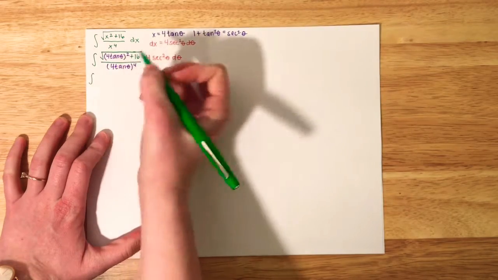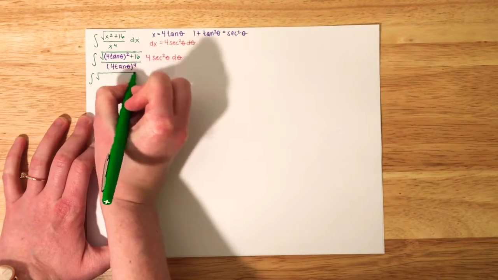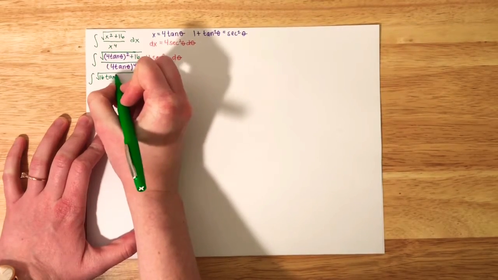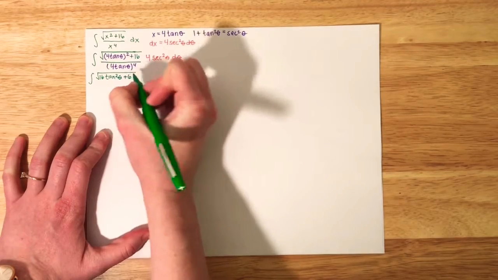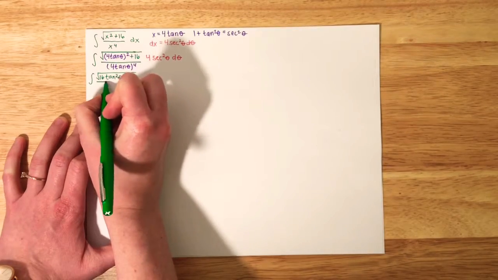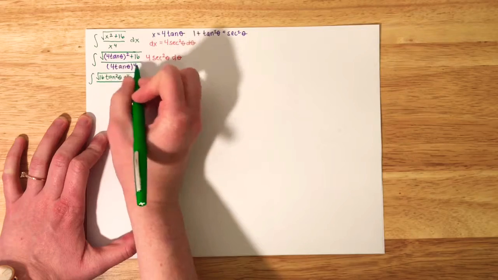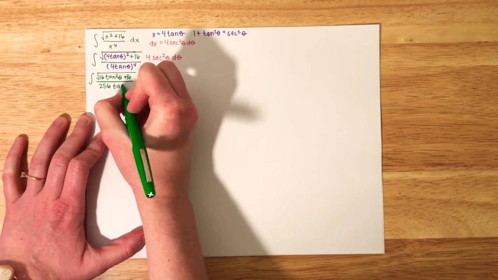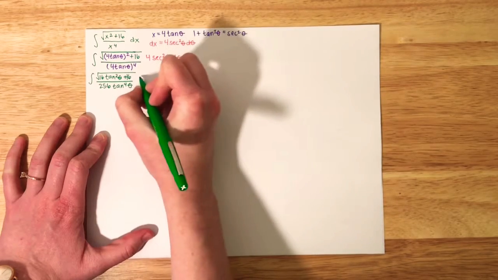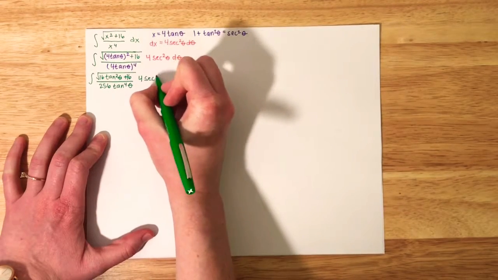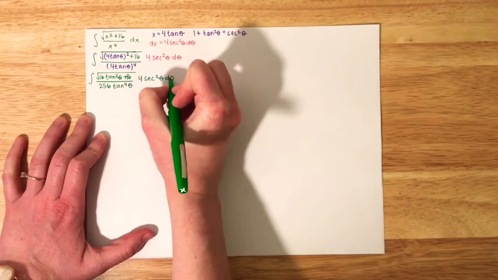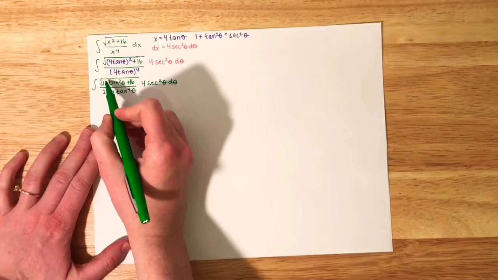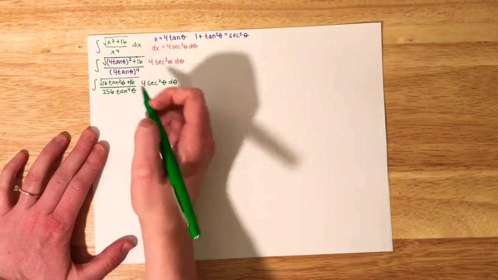So we have the indefinite integral of the square root of 16 tangent squared theta plus 16 all over 4 to the fourth, which is 256, so 256 tangent fourth theta, times 4 secant squared theta d theta. All right, so from here we can factor out this 16 under the radical.